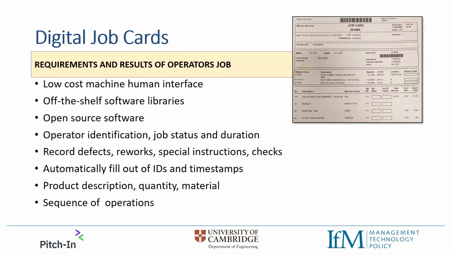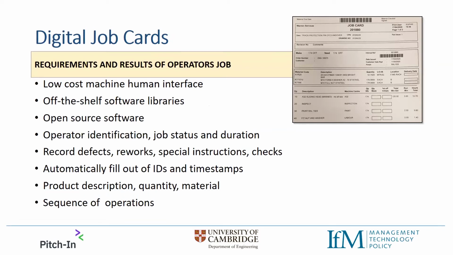The other system or demonstrator that we have built relates more to information management, and in this case it's all about digital job cards. For those who are not familiar, what we're looking at here is the paper job cards that are seen in manufacturing companies.